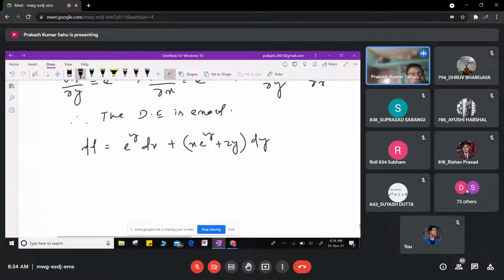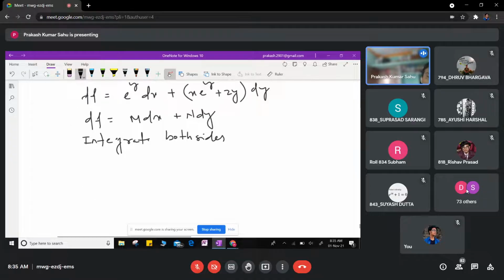So that means df is equal to M dx plus N dy. So now what we have to do is integrate both sides.